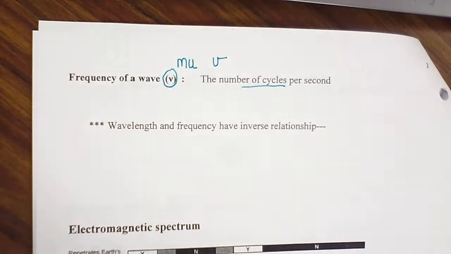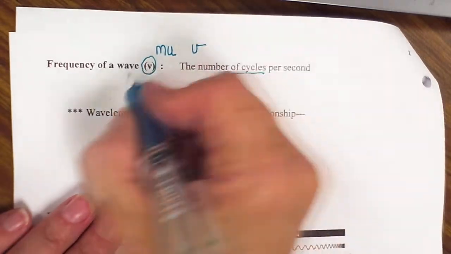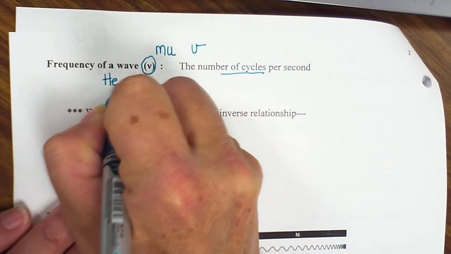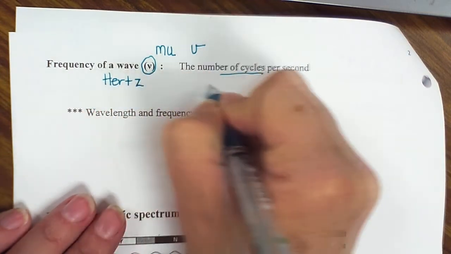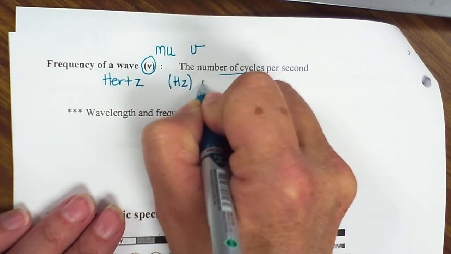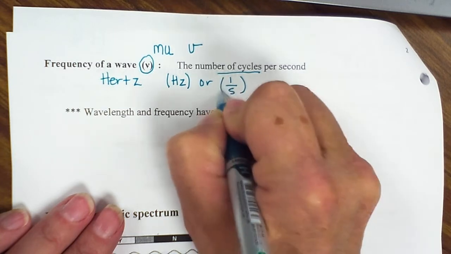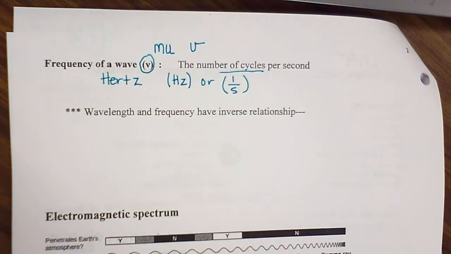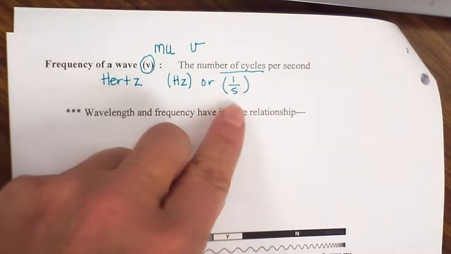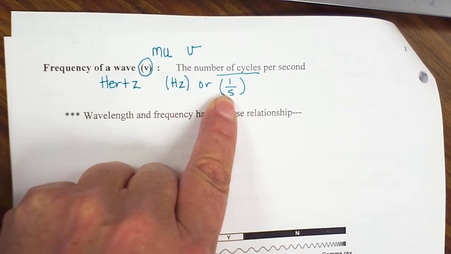The units that we use for frequency are called hertz, abbreviated as Hz, or 1/s, because we say waves per second. So this is per second. That's the unit. Whatever it is per second, right?